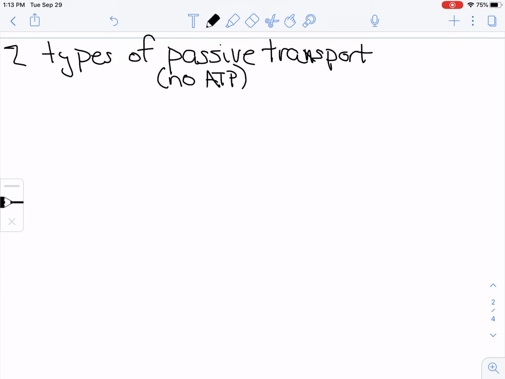This is when things move from high concentration to low concentration. The first one that we are going to talk about is called simple diffusion.